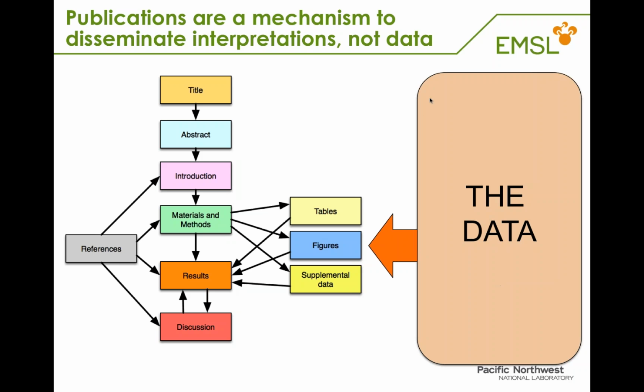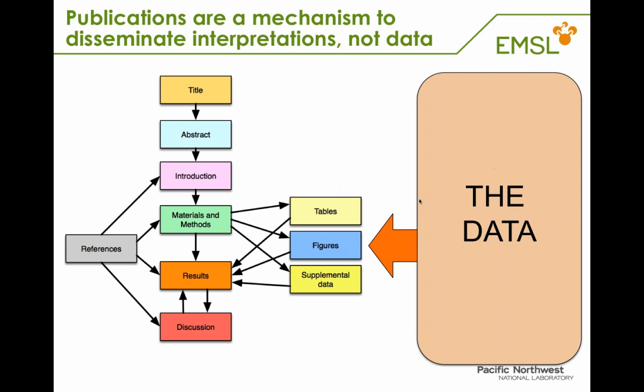So what's happening now is that the original scientific publication is no longer really an adequate way of communicating what we're finding and basically enable science to be done in this new systems level way.